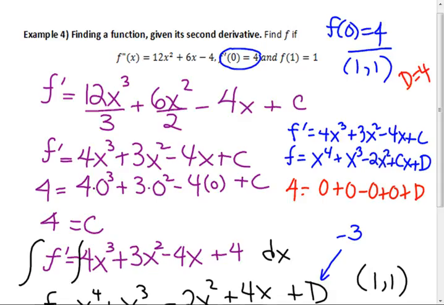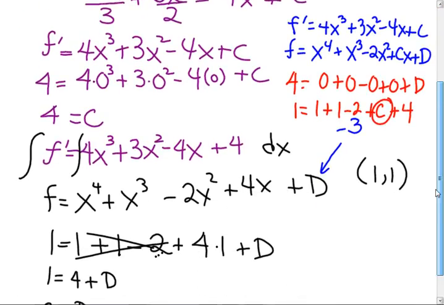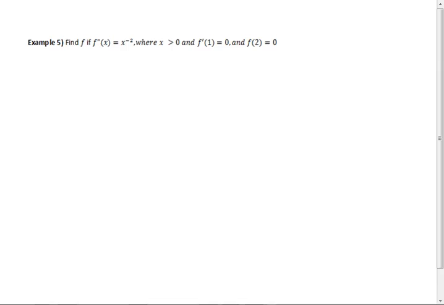Then I can find c by substituting 1 in here. So 1 equals 1 plus 1 minus 2. Did I lose my 4x again? No. Plus cx. I don't know what c is. Plus c times 1 plus d, but plus 4. And you can solve for c. Different situation. I typed it wrong. It still works.